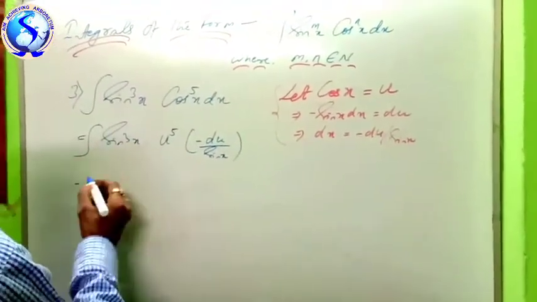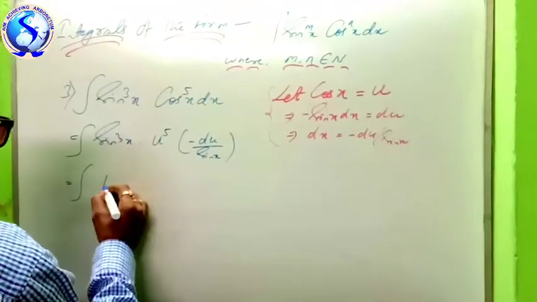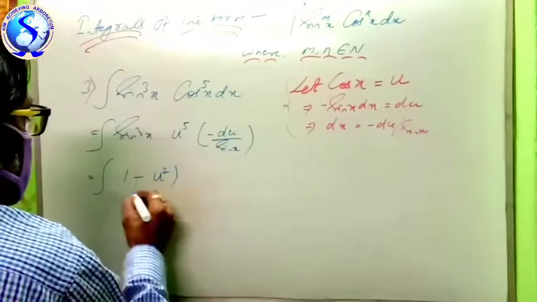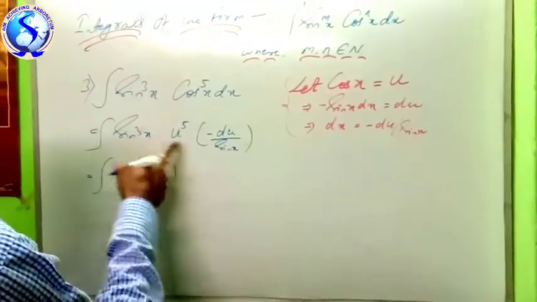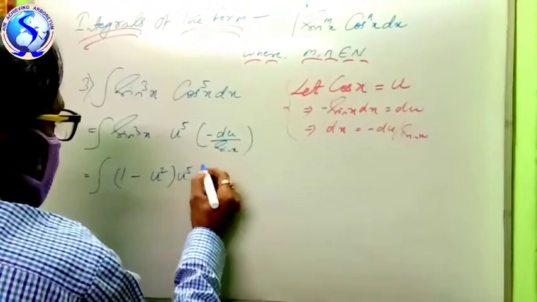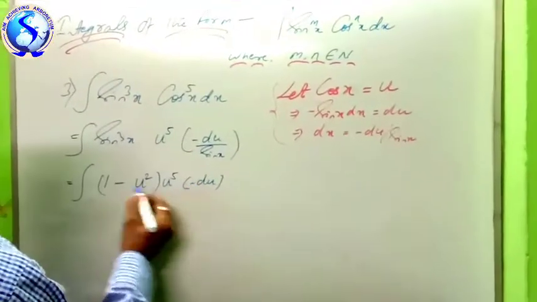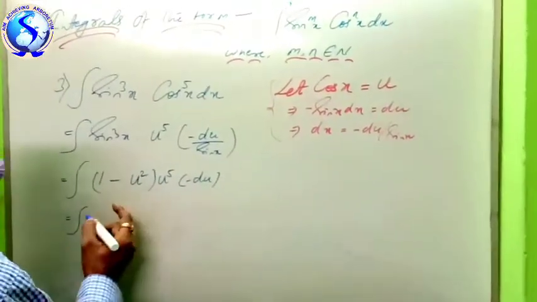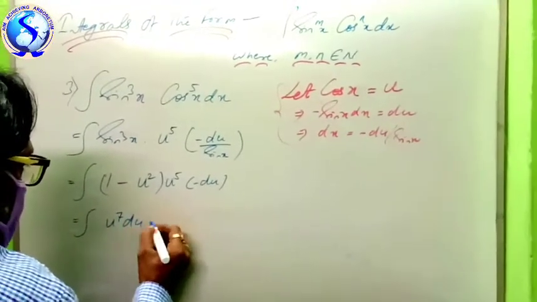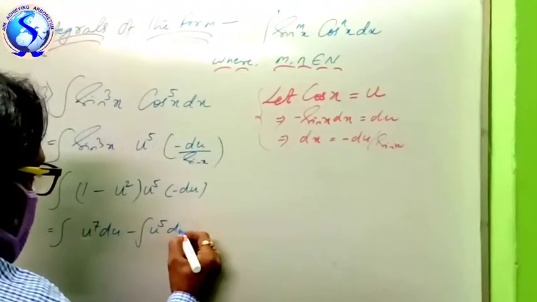Now one sin will be cancelled. Sin square means what? 1 minus cos square, so 1 minus u square. Sin square is left because one sin cancels, and here u to the power 5 du, with minus du. Now this minus will multiply inside, then this will be u to the power 7 du minus u to the power 5 du.